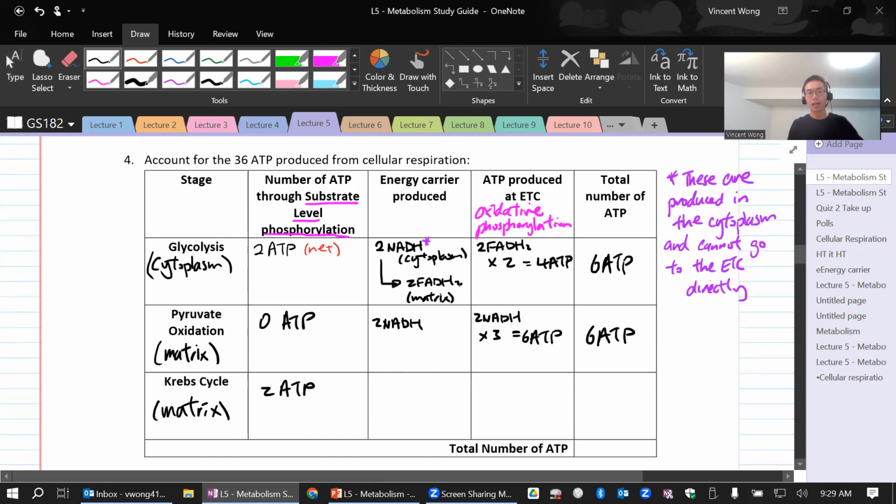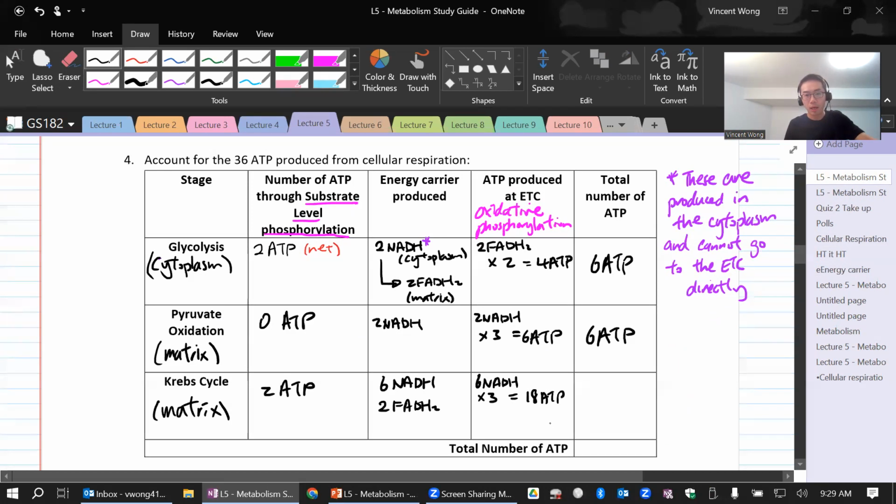Energy carrier. How many NADH here? 6. That's right. And 2 FADH2, right? We are already in the matrix. This is going to be 6 NADH times 3. Always times 3 for NADH.